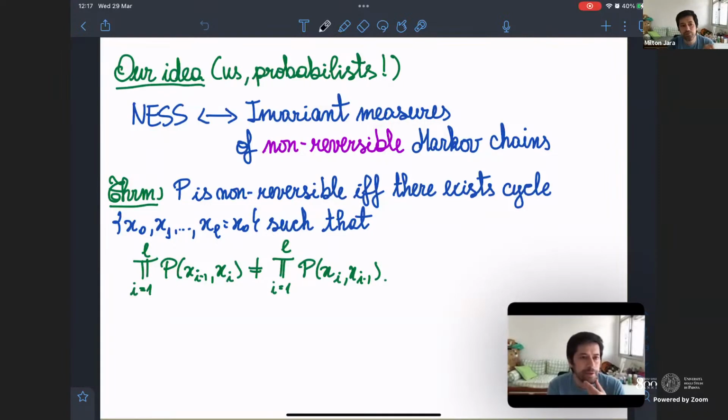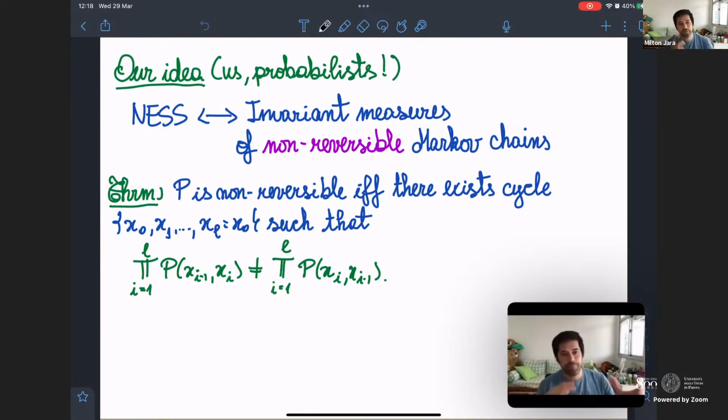And this is interesting from our point of view, because we want to put on a mathematical framework these ideas of non-equilibrium stationary states, and we have already seen that they are very complex.